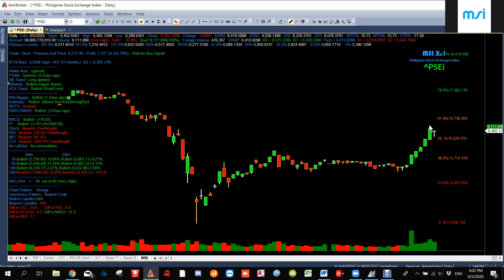Okay, so sinabi nila na at this area mauumpog or magkakaroon ng resistance yan dyan, kaya magsisell na ako. So yun yung nangyari, no? Okay, so depende kung anong klaseng trader kayo, anong gamit yung indicator, yun yung nagpapagalaw ng price action nyo.